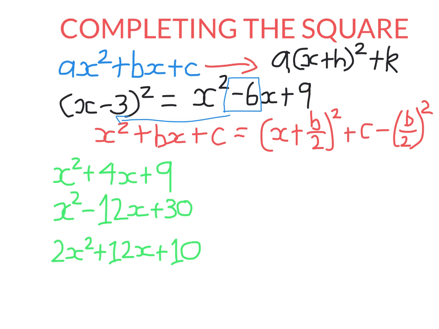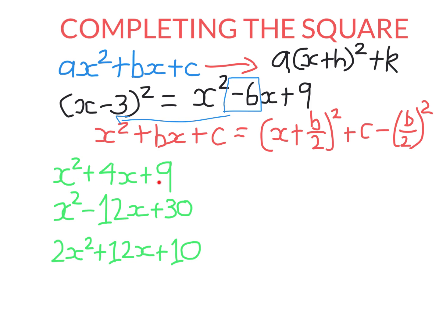Negative 3 squared gives us positive 9. So this is the basic idea. If you have something like x squared plus bx plus c, you halve this, it goes in the brackets, and then you square it, and then outside the brackets will just be this number minus half of this squared. Now that sounds a bit complicated, but hopefully it'll become a lot easier after we go through some examples.